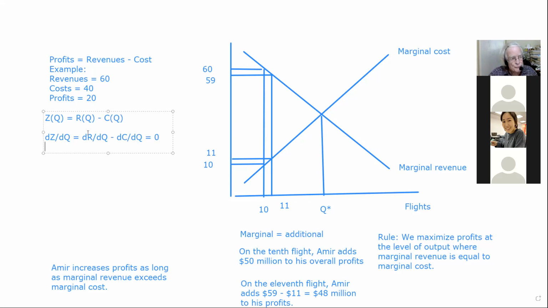So notice that marginal revenue is just a derivative of total revenue with respect to output, and the same thing for cost.